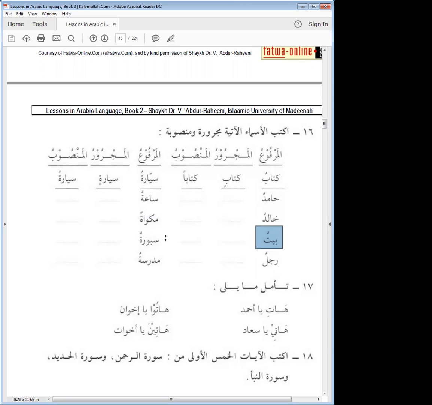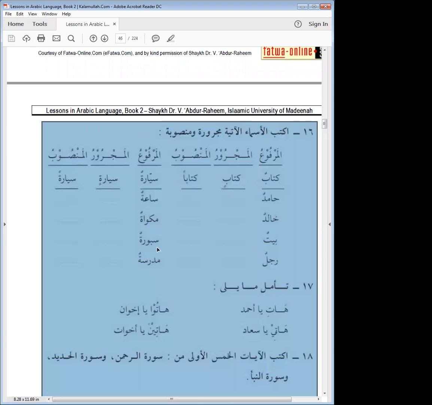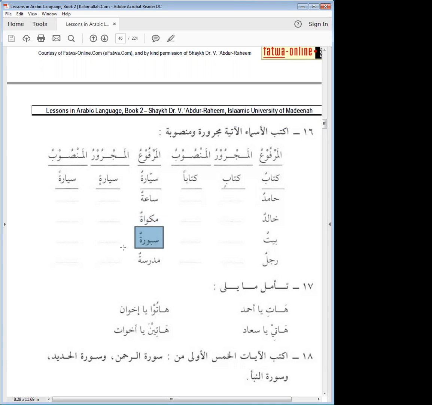Now, saburatun will be what? Saburatun is marfu'. Majrur will be saburatin and mansub saburatan. Now, rajulun, majrur will be rajulin, mansub rajulan.